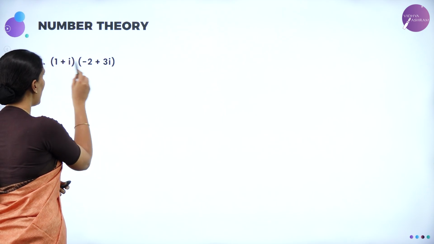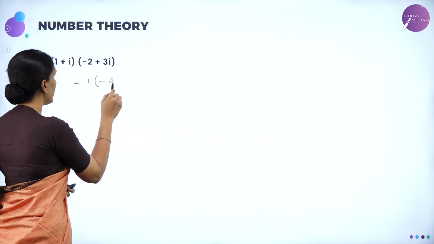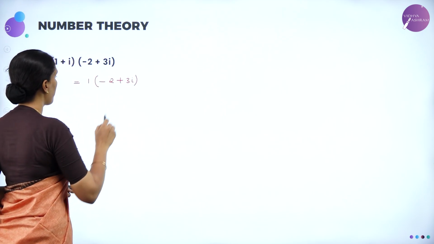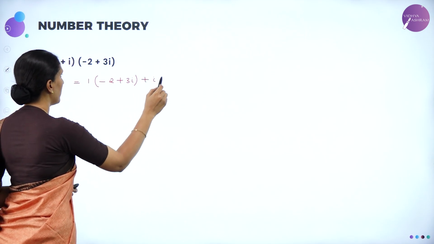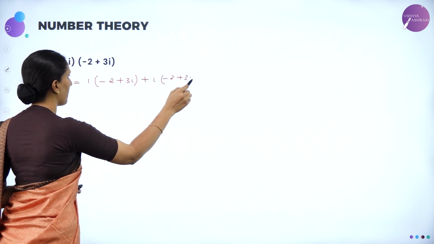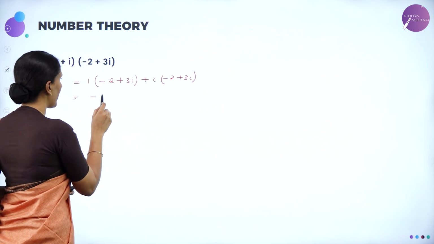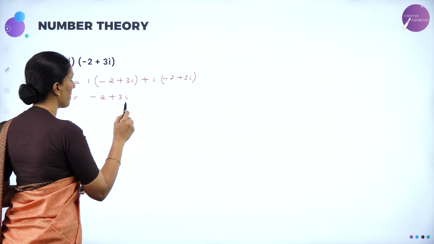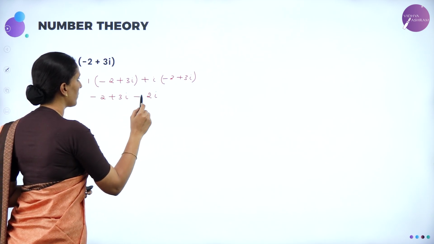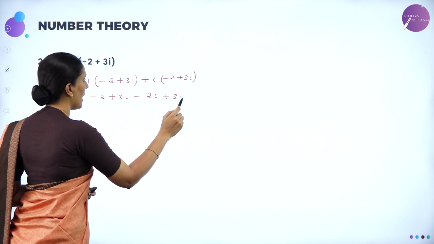So let's multiply 1 with minus 2 plus 3i and plus i with minus 2 plus 3i using the concept of binomial product. So minus 2 plus 3i minus 2i plus 3i square.